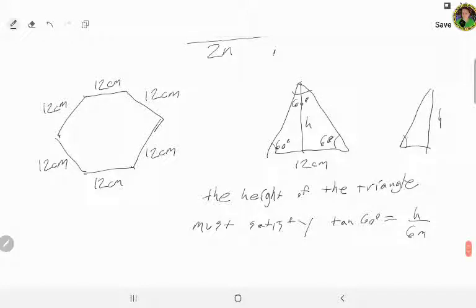We know we've got that 60-degree angle, and the base is 6 centimeters. And so tangent of 60, we know that's going to wind up being radical 3. So we've got square root of 3 equals h divided by 6 centimeters. And so that tells us that the height of the triangle has to be 6 radical 3 centimeters.